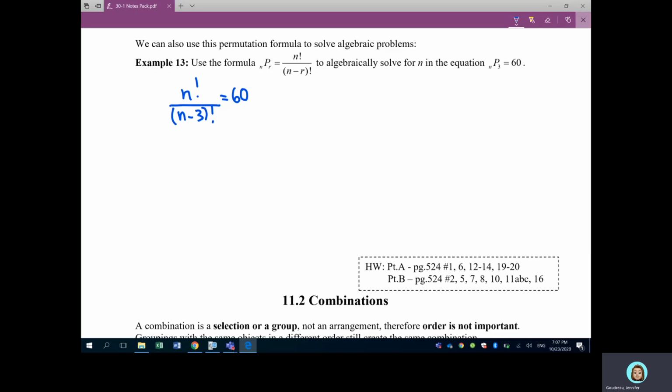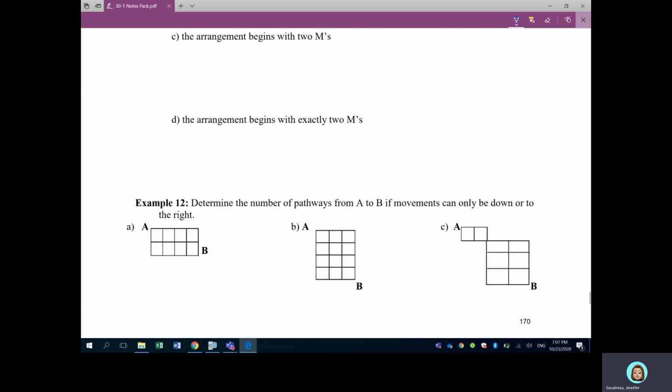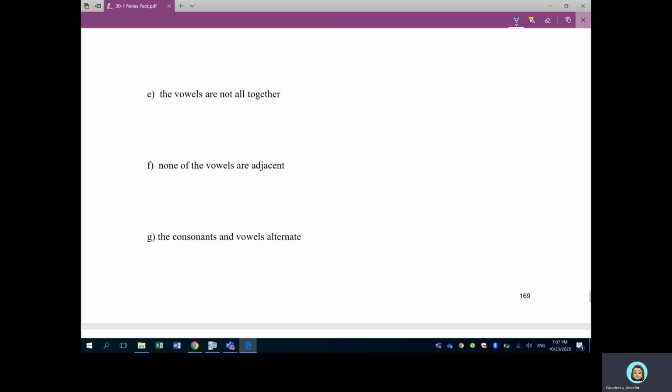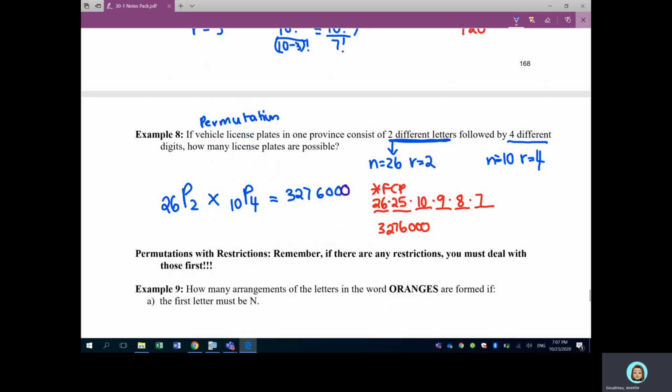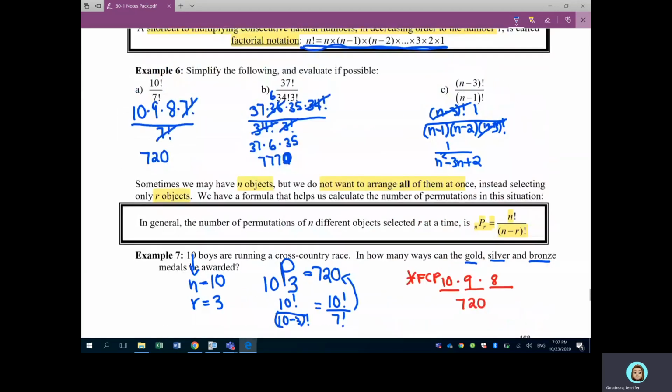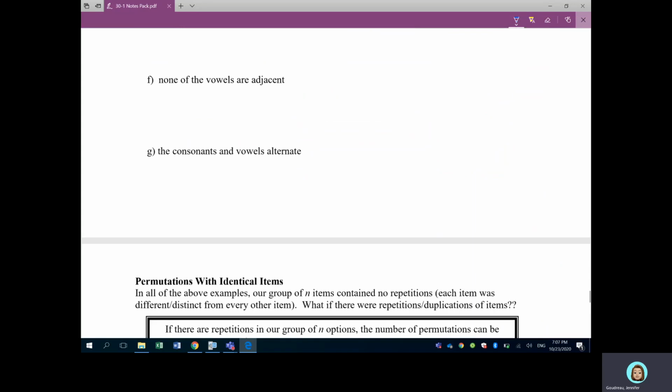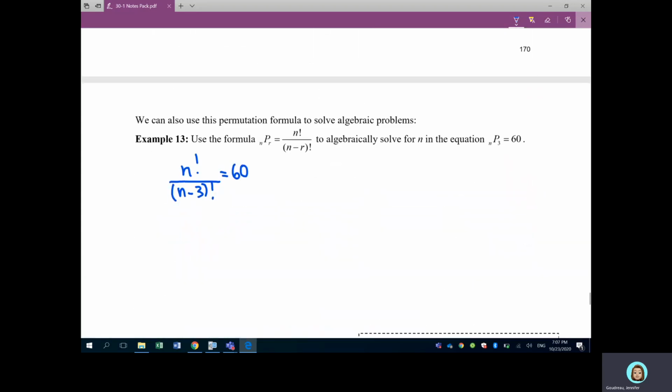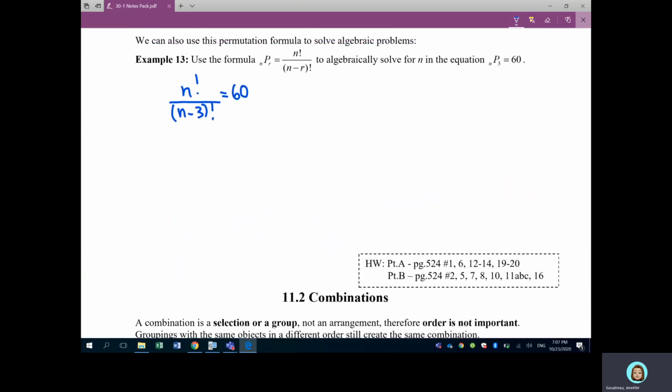Well, we know how to simplify. If we back up to when we were talking about factorial notation and the definition of factorial, like part C, we were able to simplify factorial expressions. So that's what we're going to do in this example as well. n is bigger than n minus 3, so that is the part that I'm going to expand.